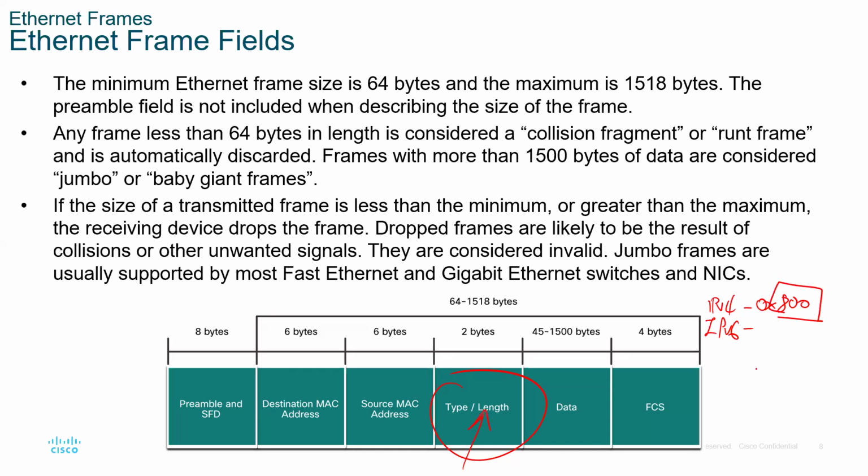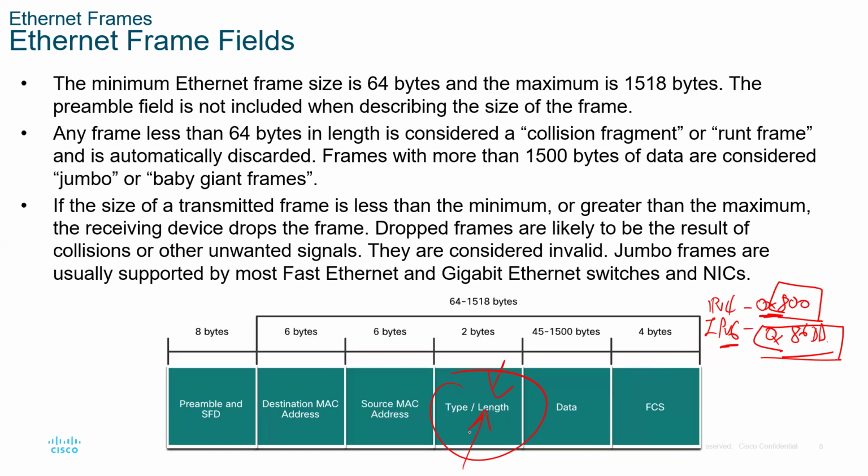The value that is given for IPv6 is 0x86DD. Yeah, we should be correct. If you see this value in this type field, it means the upper layer protocol is IPv6. And if you see this value, it means it's IPv4.